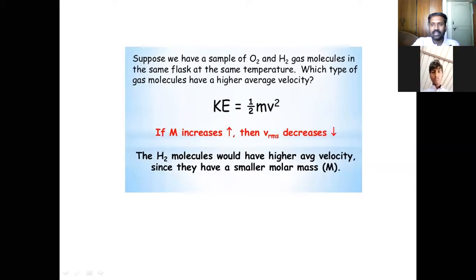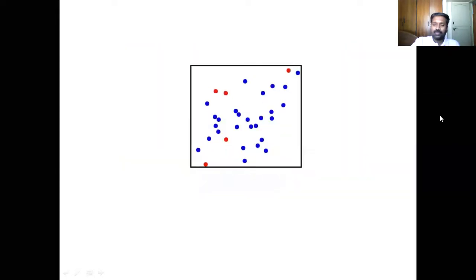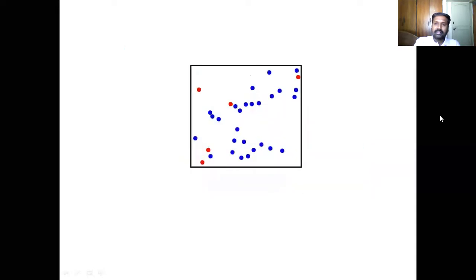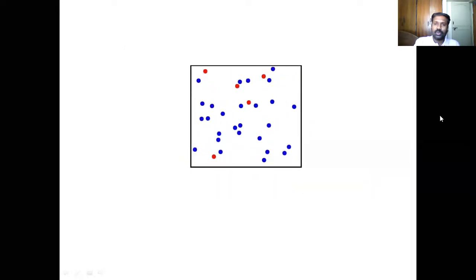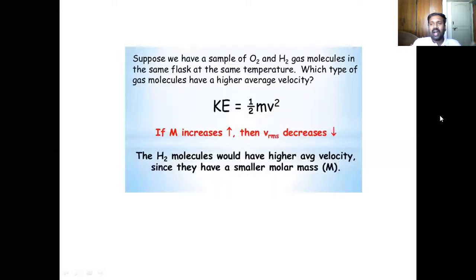Fine. But our topic of discussion is not concerned too much with relative comparisons like oxygen, nitrogen, helium, argon, not such things.